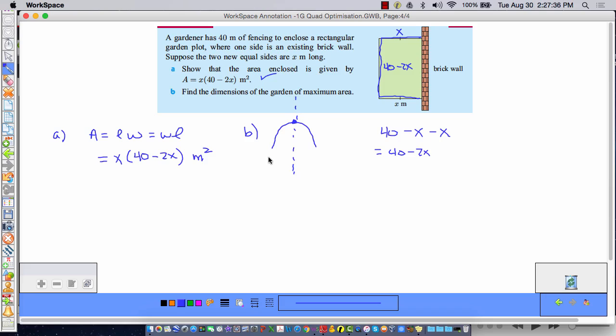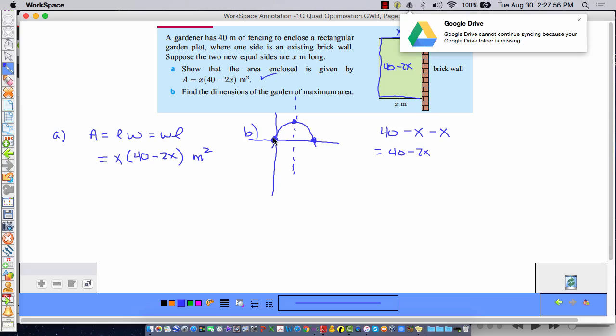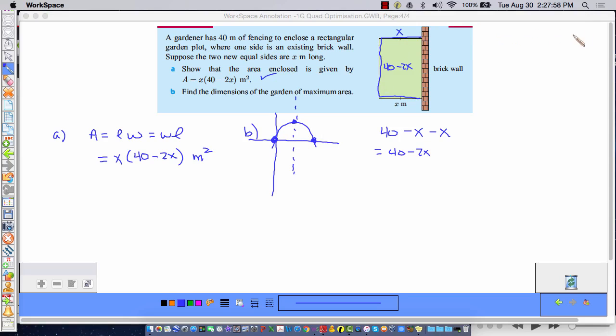And I'm not quite sure exactly what the parabola looks like, but let's just say that here's the coordinate axes, right? And we know that the x-intercepts are the same distance from the axis of symmetry. And if I know those, I can easily find the x-coordinate.